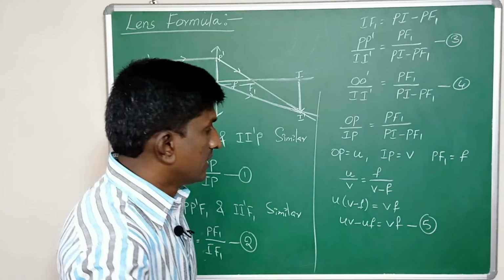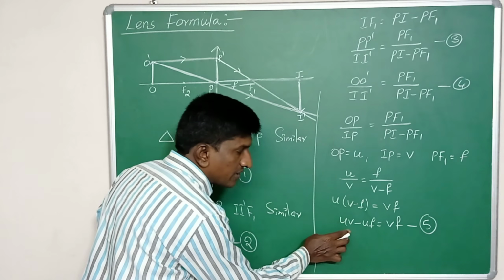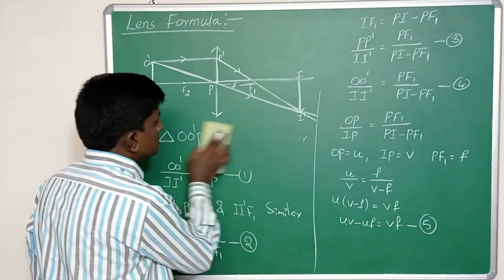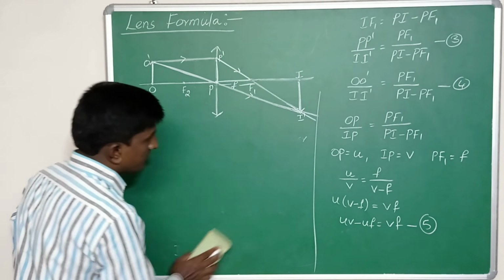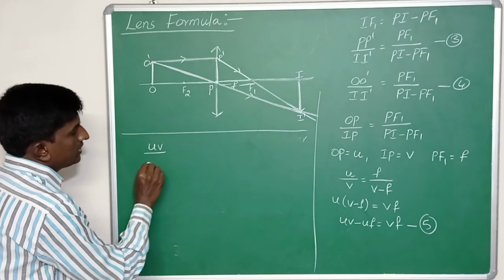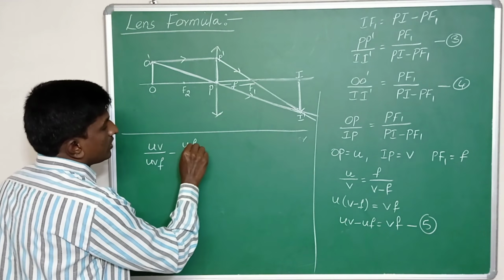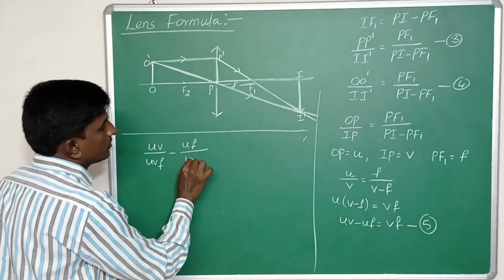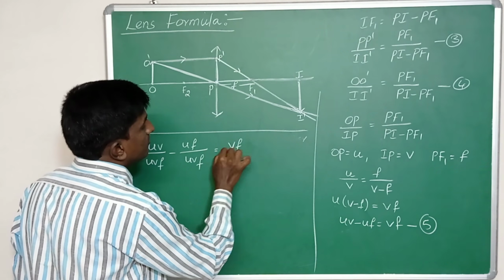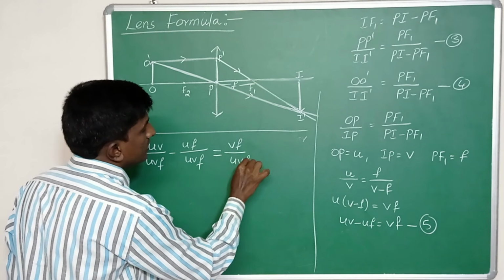Now I am dividing this fifth equation by uvf on both sides: uv by uvf minus uf by uvf equals vf by uvf.